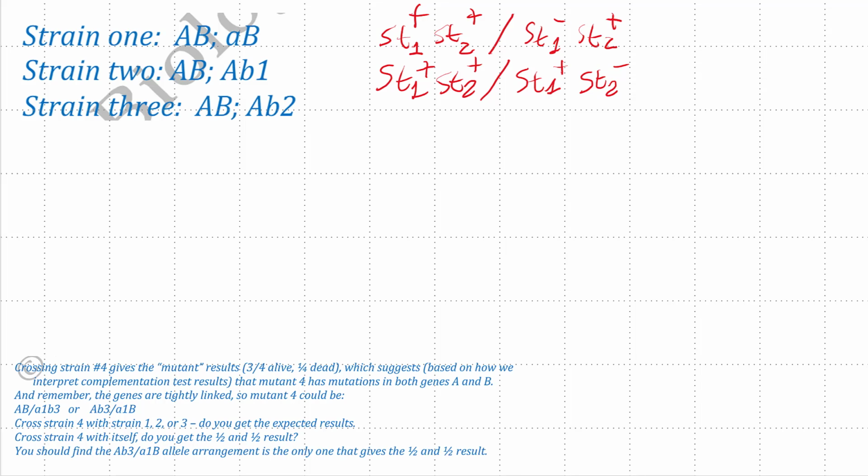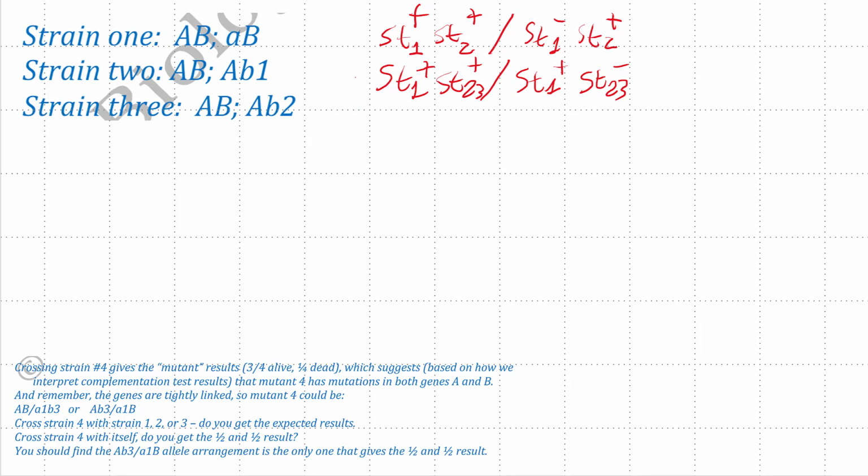Here we observe that this strain is homozygote for both of its copies of the ST1 gene from strain 1, and is instead heterozygous for the ST2. I am also going to add a 3 here because this is the same mutation as the one in strain number 3. So these are the two different genotypes that we can have.